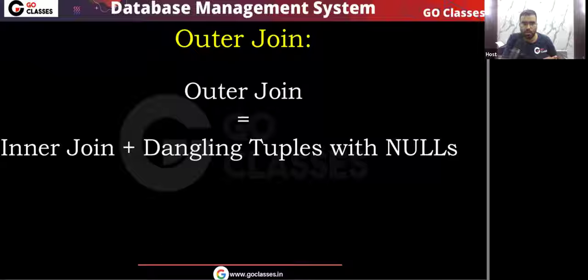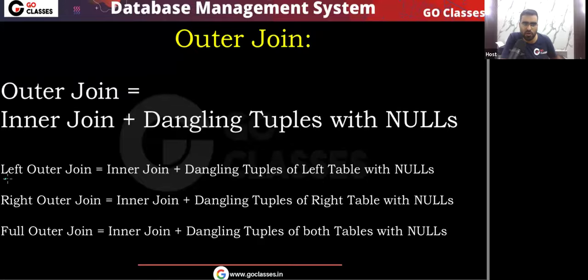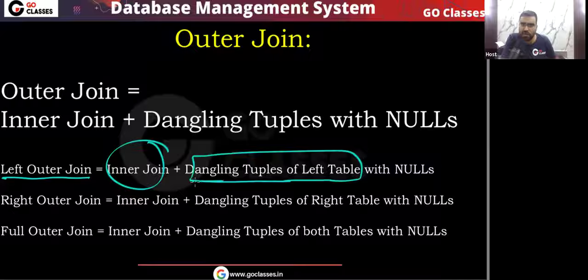Remember, we have three types of outer join. One is left outer join. The name itself is telling you: first you do inner join, then you add the dangling tuples of the left table with null values.